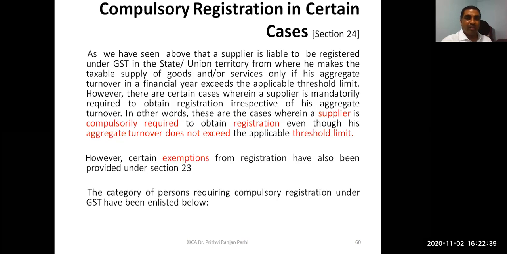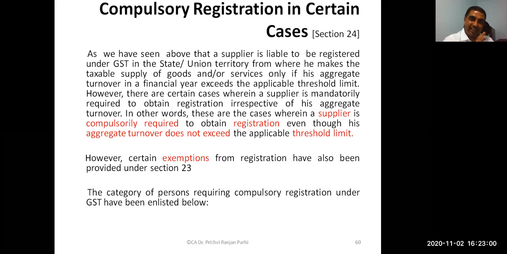Okay, we will be seeing various kinds of situations where the supplier is compulsorily required to obtain registration, even if his aggregate turnover does not exceed the threshold limit of 10 lakh, 20 lakh, or 40 lakh, as the case may be.